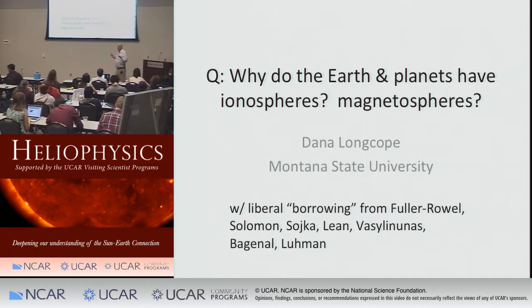I started this off giving you this very superficial overview of the heliophysics system. Just the two questions of why there is a magnetic field in the Earth and in the Sun and in some of the planets. And the answer was, one word, dynamo.